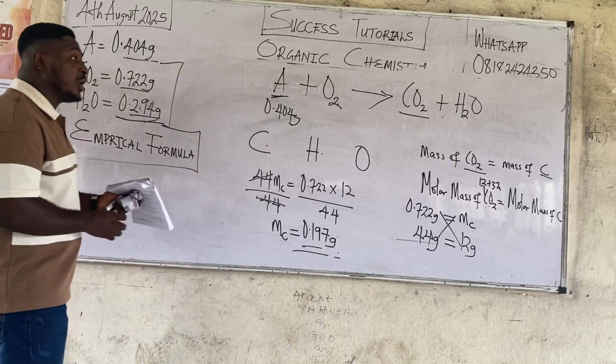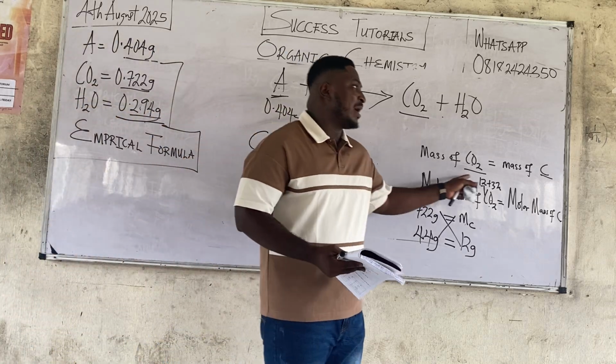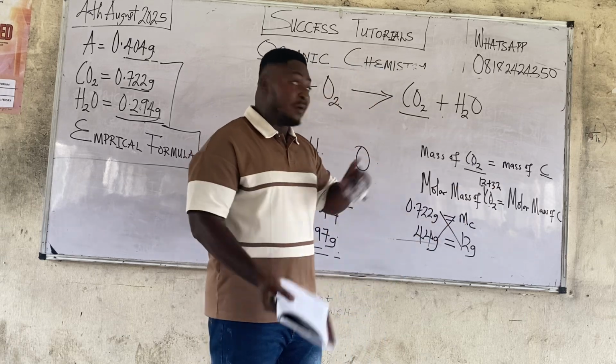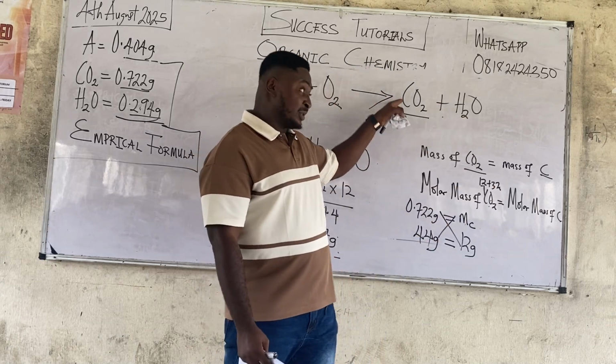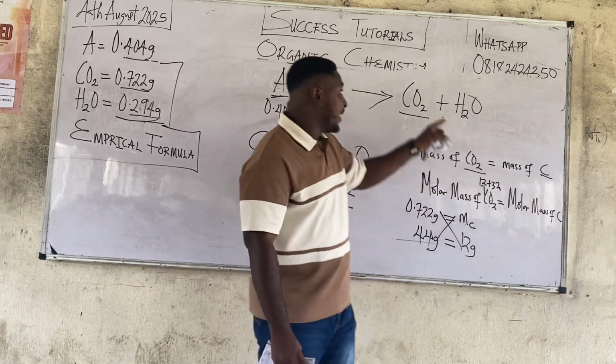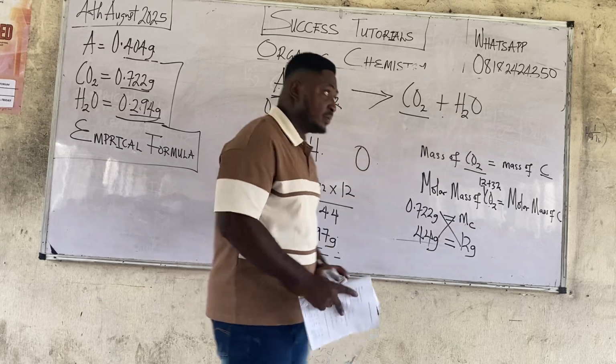This same procedure will be done for hydrogen. Class, in this case, instead of putting CO2 and C, we're going to put in H2O and H. So hydrogen can only come from H2O, right? Carbon can only come from CO2. Hydrogen can only come from H2O. Does that make sense? Can I have hydrogen in CO2 here? Where is hydrogen in here? No hydrogen. This is the only way you can get hydrogen.